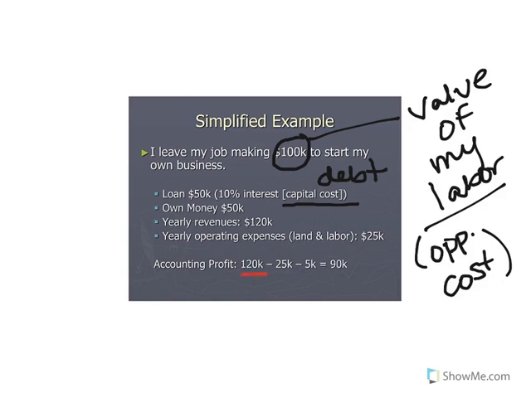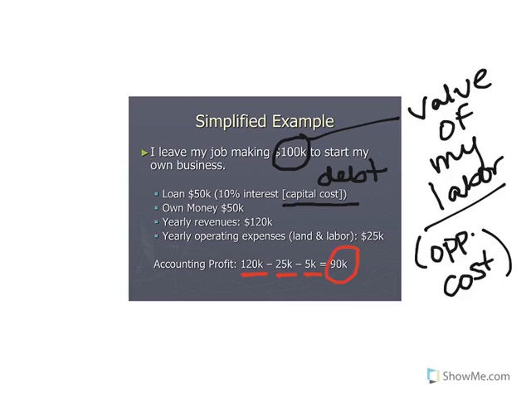So again, I made $120,000 revenue. I had to pay $25,000 for my land, materials, and labor, and then I had to pay 10% interest on my debt payments, and that came to $5,000. So at the end of the year, I was left with a $90,000 accounting profit.